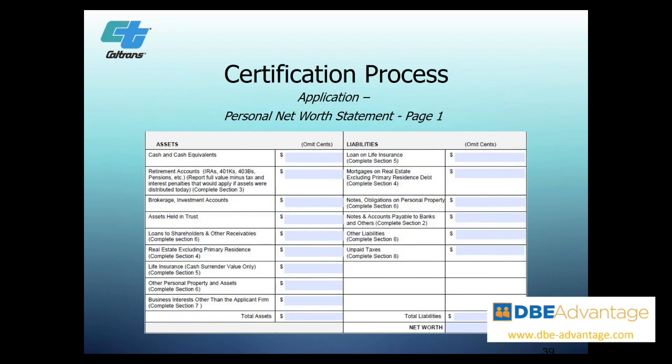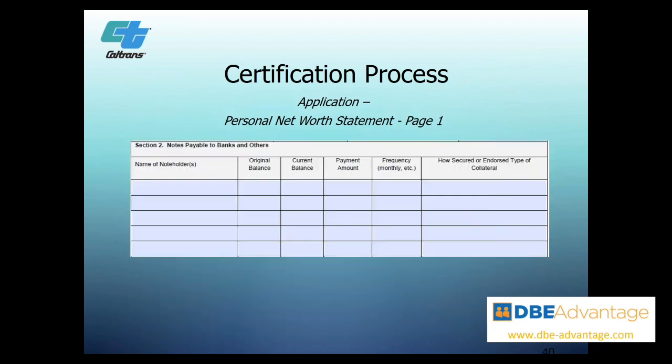Okay, thank you. It's important when you fill this out, because the information you provide on this lead sheet, the page we currently have on the screen, will mostly require additional detail. For example, the first section, the retirement accounts, is section 3.